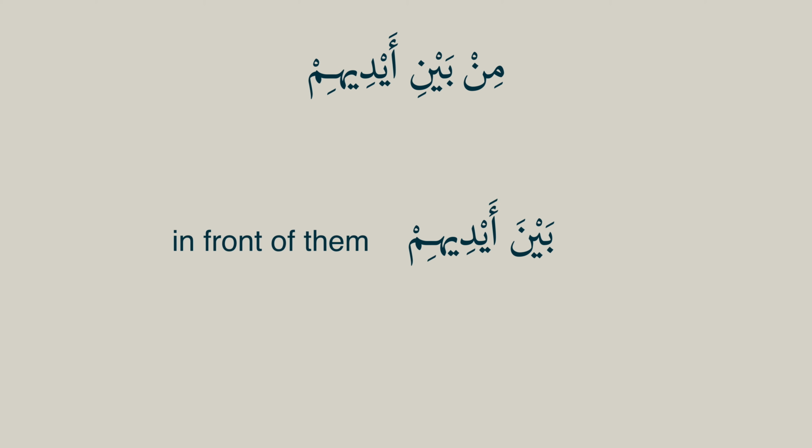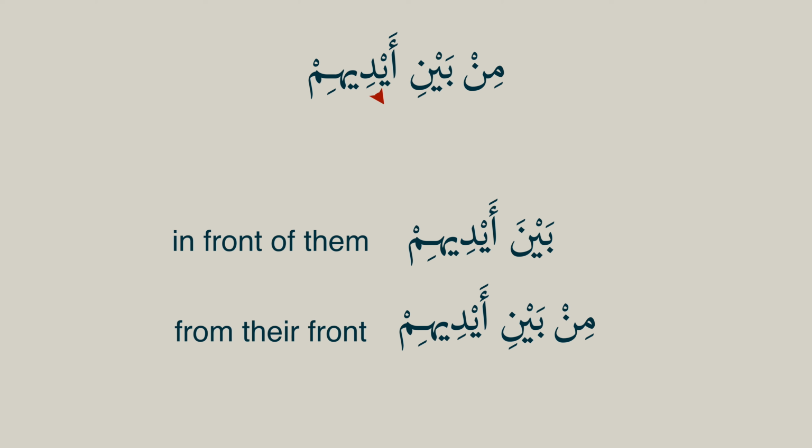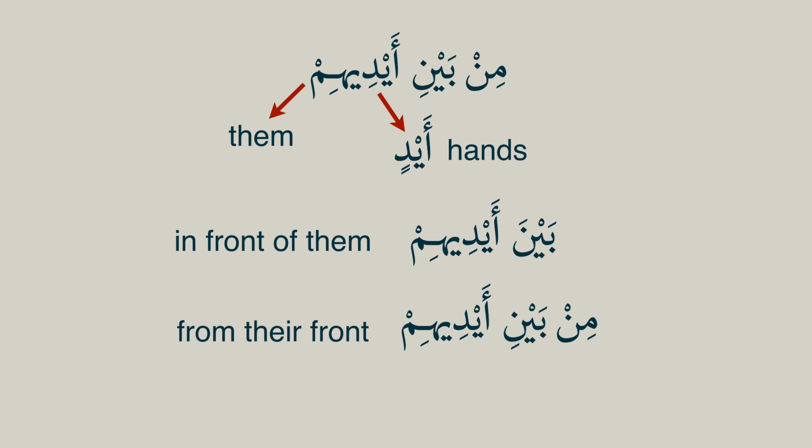And when min precedes it, it becomes min بين أيديهم, meaning from their front, where أيدٍ means hands and hum is an attached pronoun which means them. So min بين أيديهم means from their front.